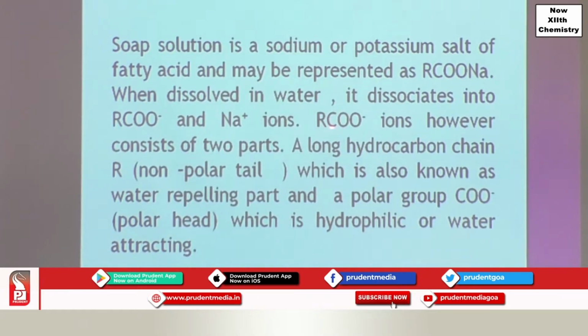The non-polar hydrocarbon chain is called the non-polar tail, whereas the polar COO⁻ group is called the polar head of the soap ion, that is the stearate ion.